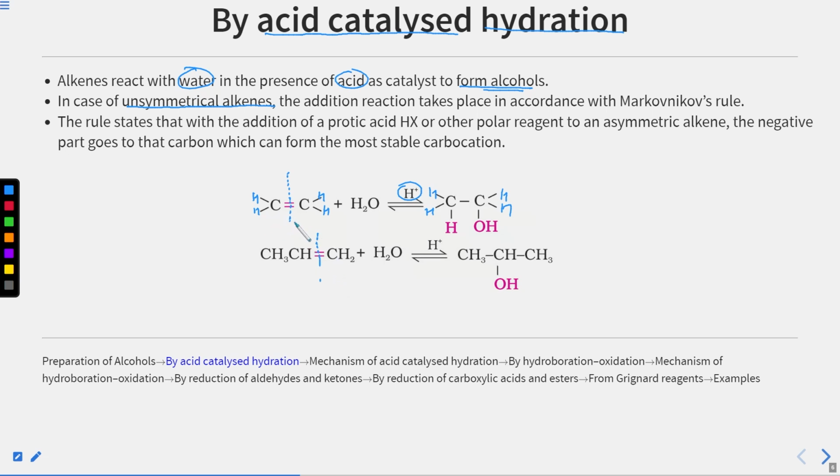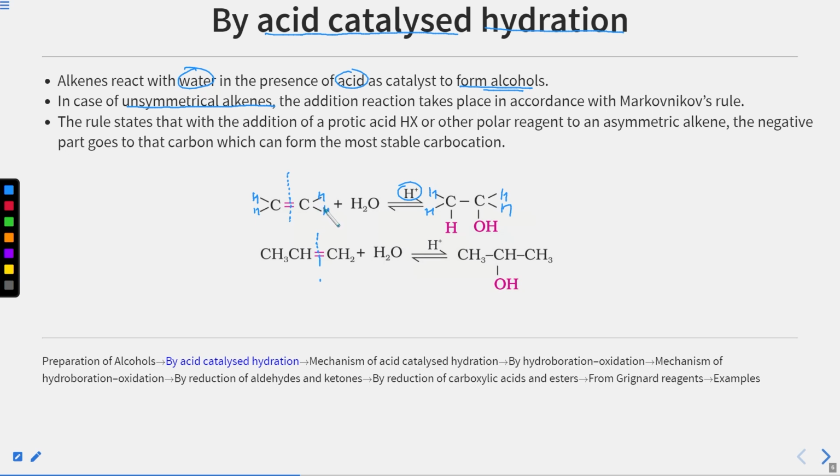In the earlier case, if we add OH here or here, they will both result in the same product. You can try this at home: put OH here and see the product, then put the OH here and see the product. You will find that both of these are identical. This is the case of a symmetrical alkene.